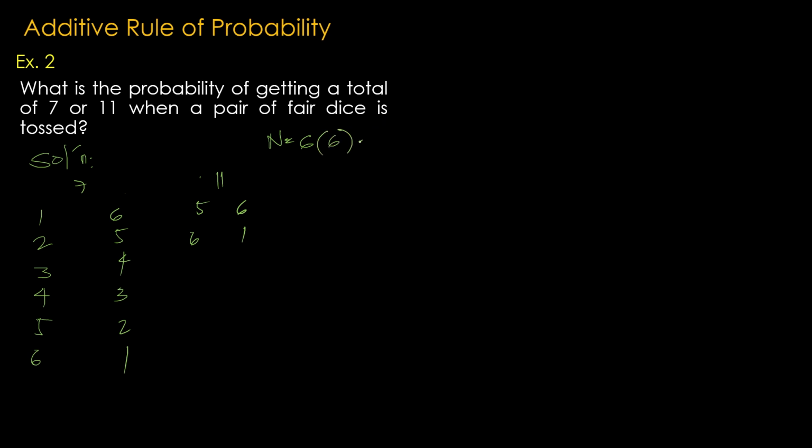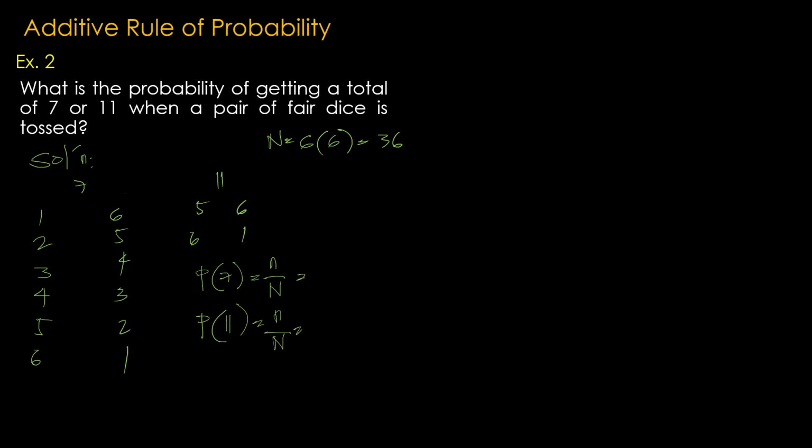So the total number of possible outcomes should be 36, which is 6 times 6. So we can have two probabilities here. We can get the probability of getting 7, which is small n over capital N, plus the probability of getting 11, which is small n over capital N.